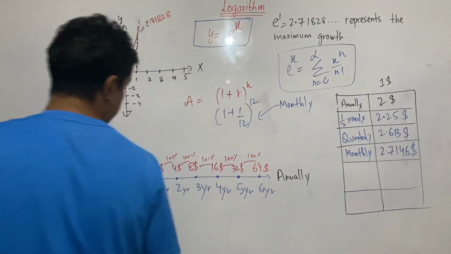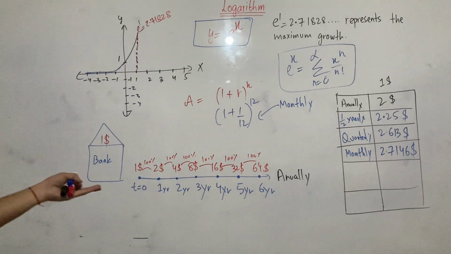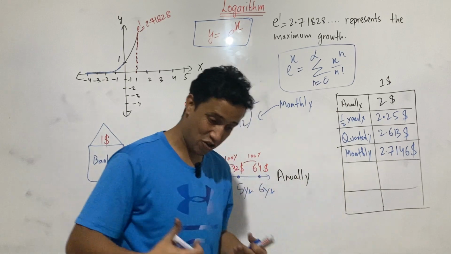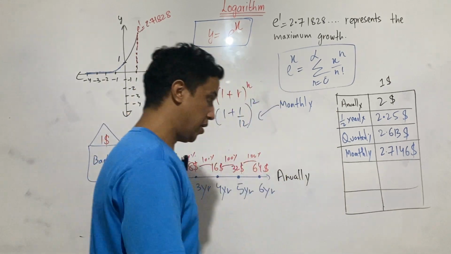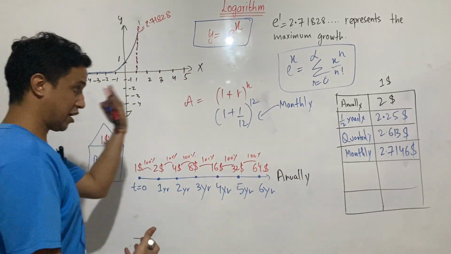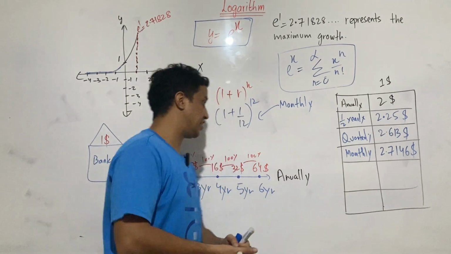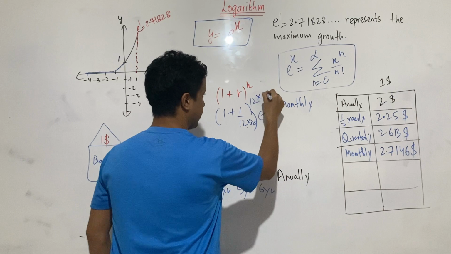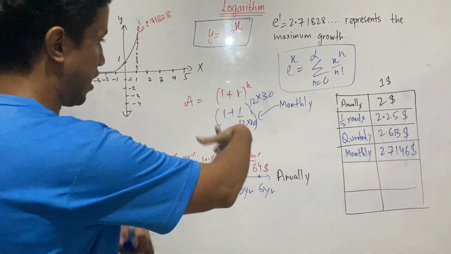Now you can do it for daily. If you want, you can say, can you please do me a more favor? Can you compound it daily? So here what would happen? 12 multiplied by 30, and here 30.